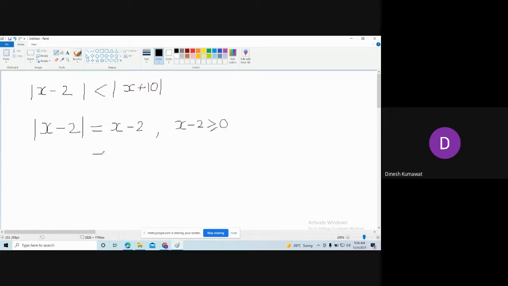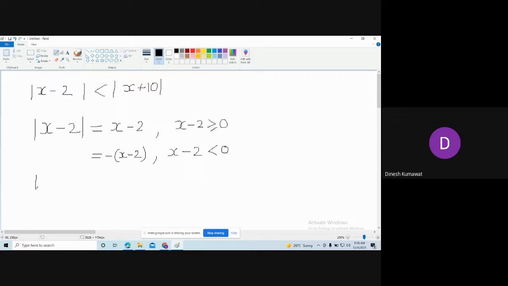Is it? Yes or no? Yes, sir. And the second one is mod of x minus 2 is minus of x minus 2 whenever this number x minus 2 is less than 0.